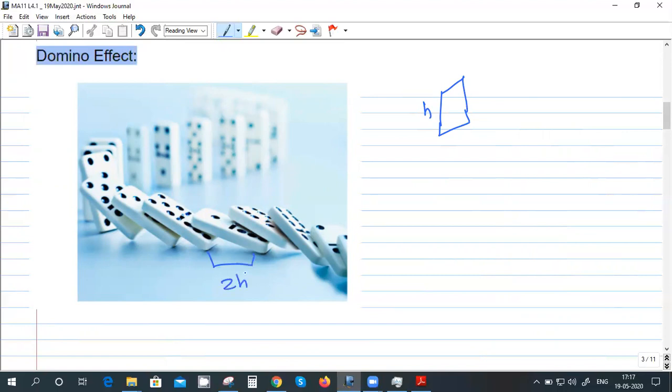Now if I push the tile, will the tiles fall? No. So the condition is all the tiles are separated by equal distance.